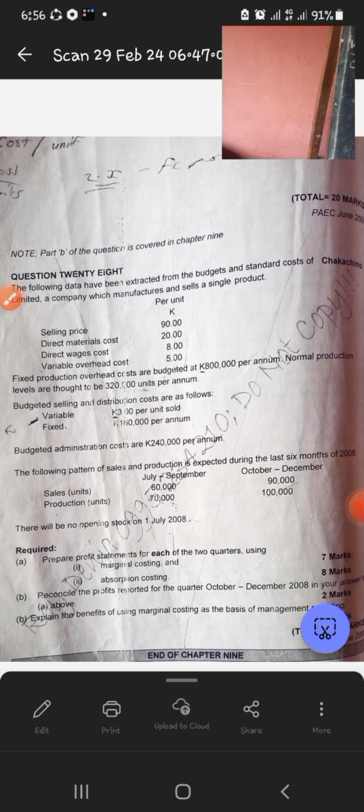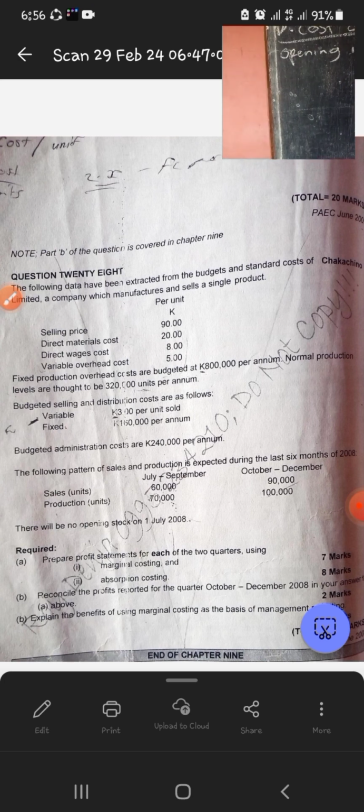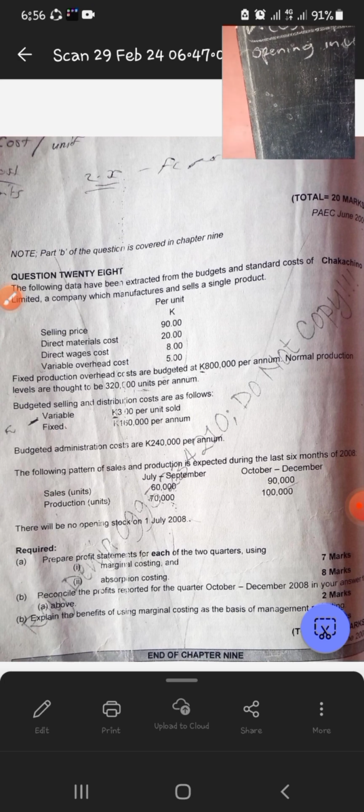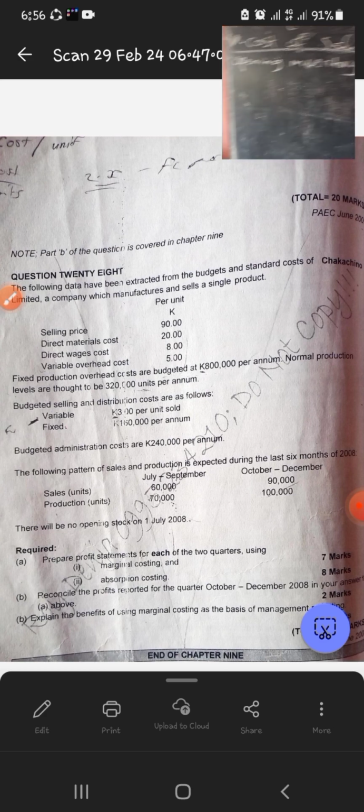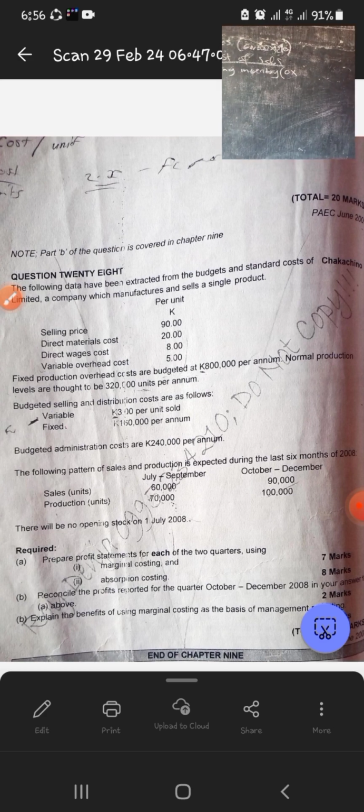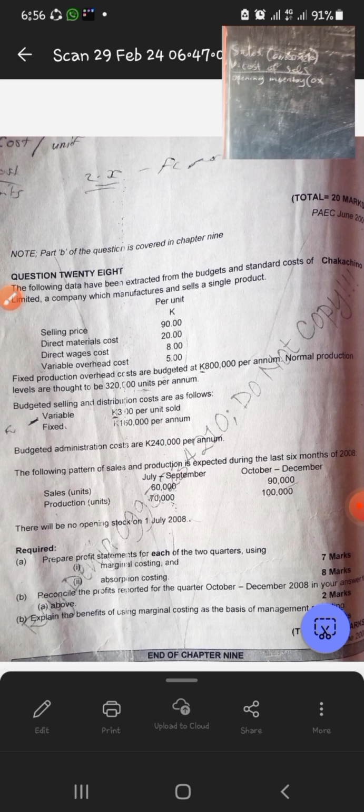On the variable cost of sales, we start with the opening inventory, which they have said was zero, so there were no opening inventories. This 0 has to be multiplied by the variable cost only.